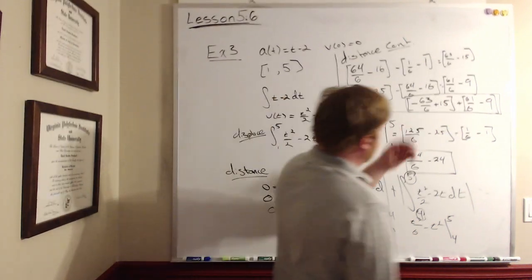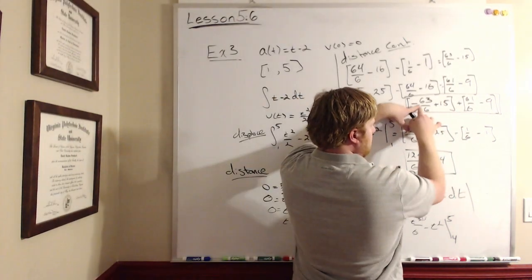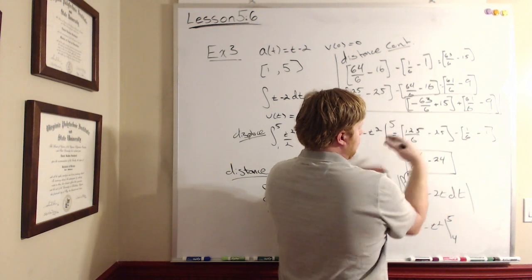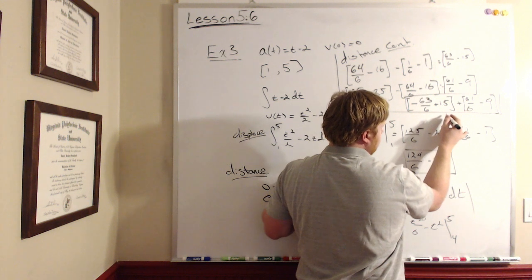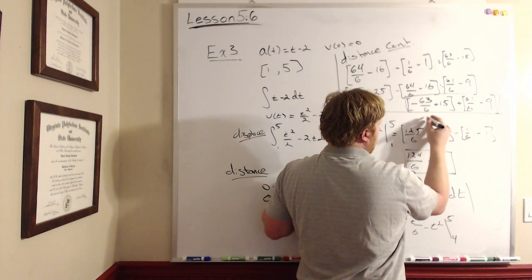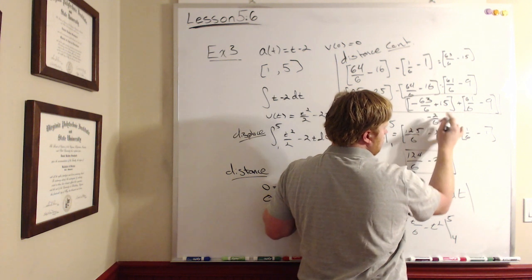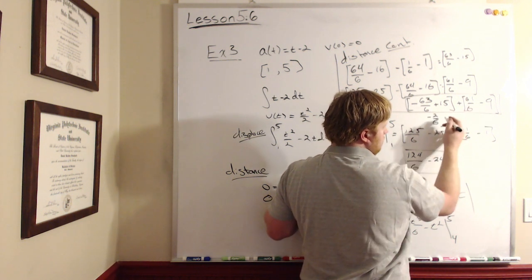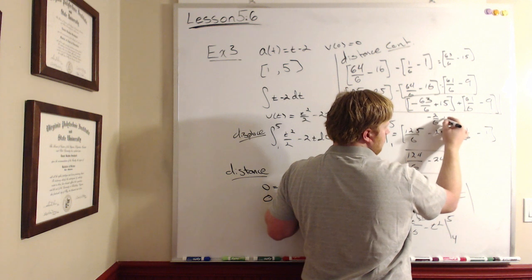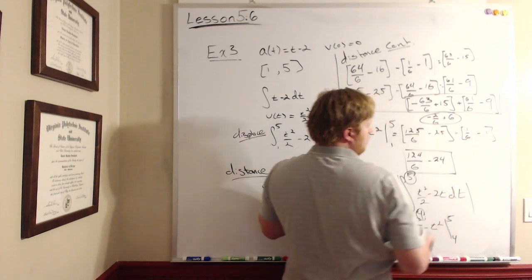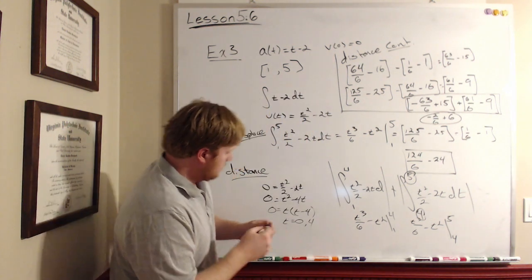Now that does simplify a little bit better, because negative 63 plus 61 over 6 is negative 2 over 6, and 15 minus 9 is 6. So I have that as my final answer.